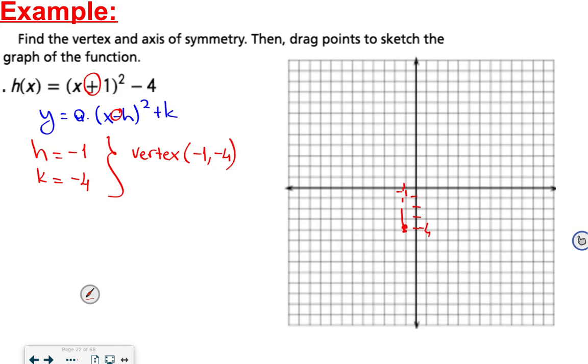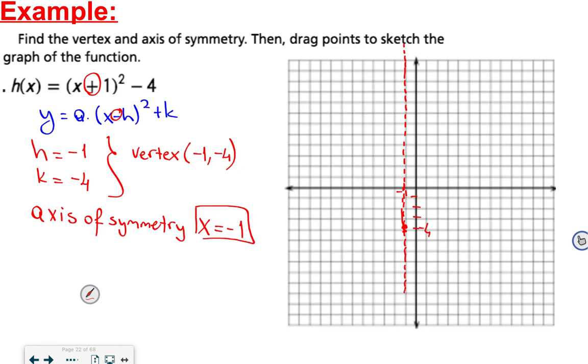By the way, don't forget that the axis of symmetry is always the x coordinate of the vertex. So x is equal to negative 1 is the axis of symmetry. So we know that this line is the axis of symmetry. What does that mean, axis of symmetry?